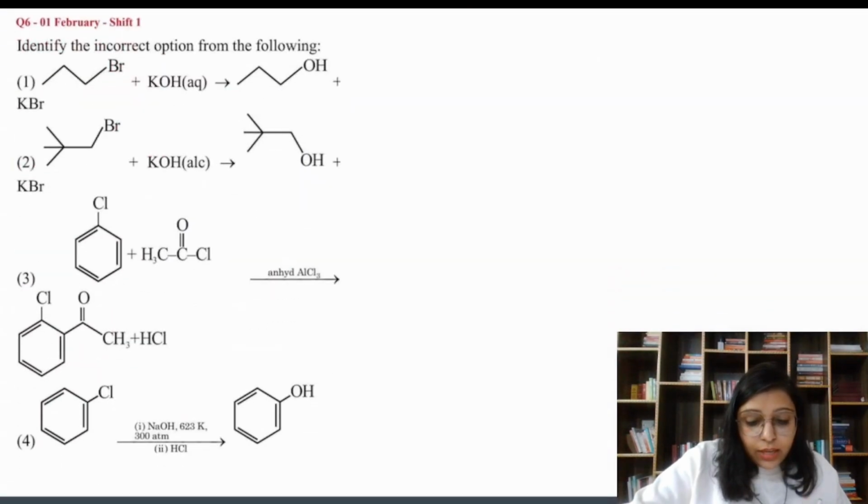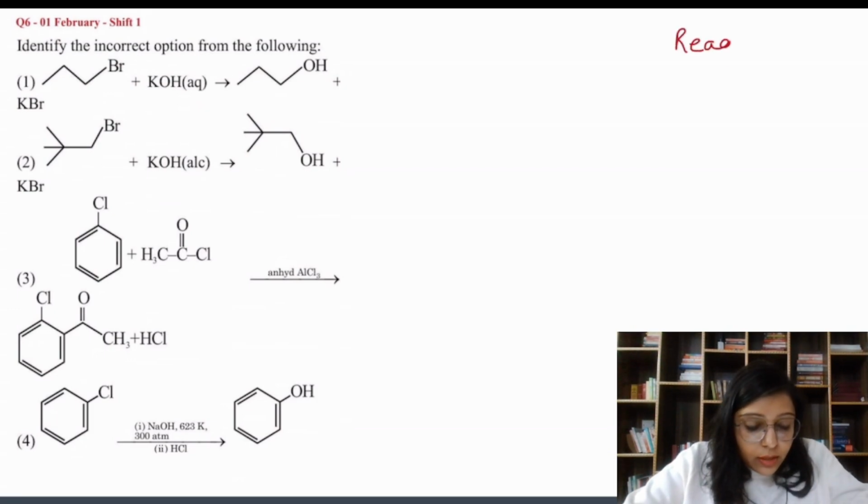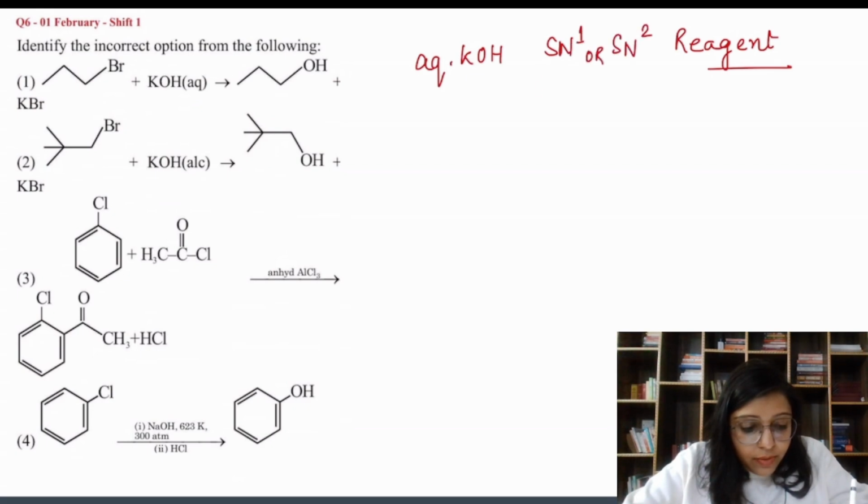Now moving on to the next question. Identify the incorrect option from the following. So here you should know the role of reagent. See, if we have aqueous KOH, it will do SN1 or SN2: SN1 if we have 3 degree substrate or 2 degree substrate, and SN2 if we have 1 degree and 2 degree substrate.